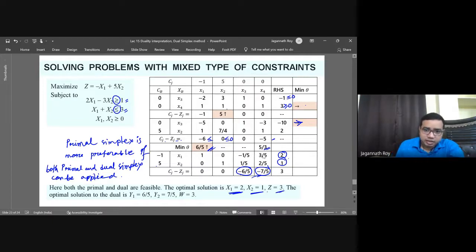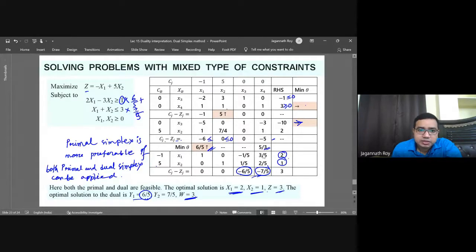Similarly, if you multiply here, the objective will become again the same value. W is also the same, because of the dual coefficients. The cost of dual is here: 1 into 6 by 5 plus 3 into 7 by 5, y1 y2.